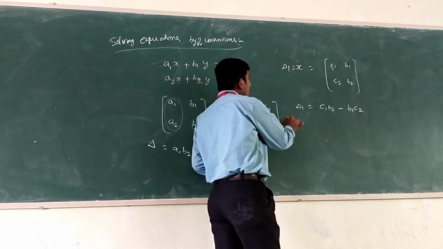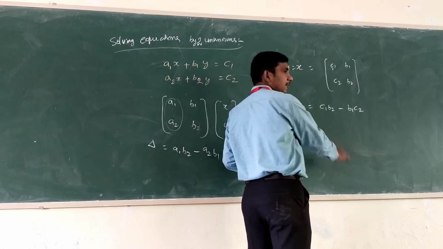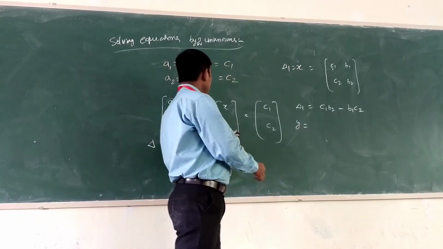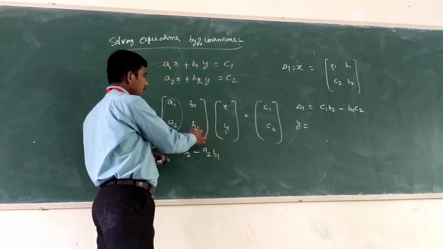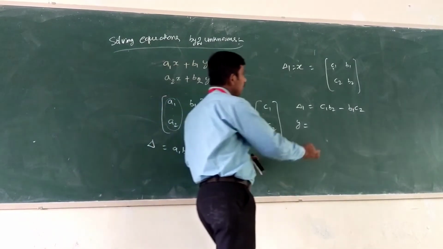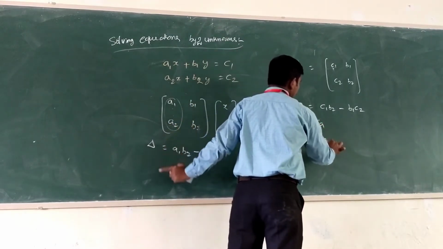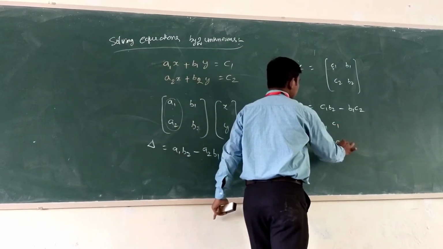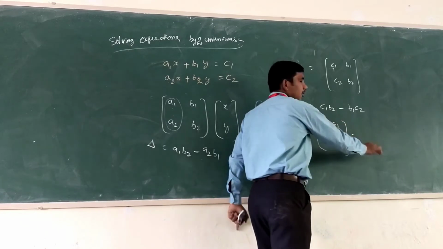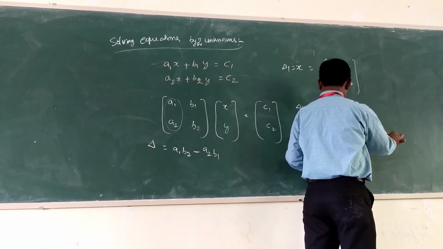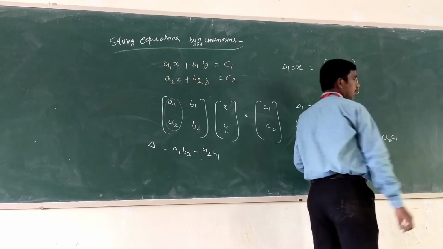Okay. Now to find y, what are we doing? To find y, the coefficients B1, B2 are replaced with C1, C2. Now the matrix will be A1, A2, C1, C2, and we calculate its determinant again: A1 C2 minus A2 C1.